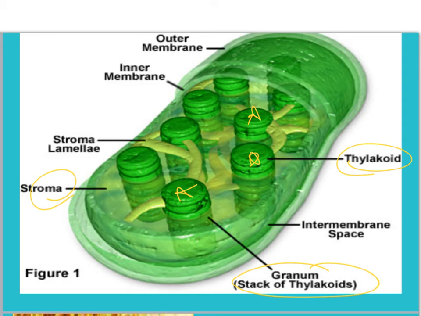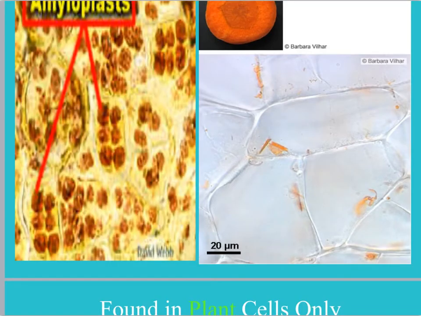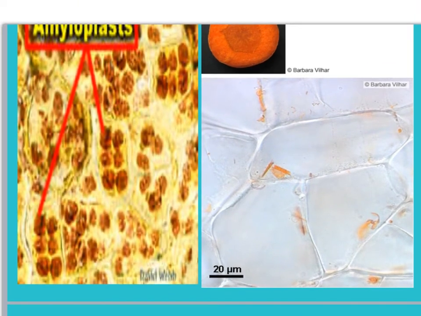So anyway, this would be where photosynthesis happens in plants. So then here you have myeloplast, and then you have your chromoplast. So on the left you have your myeloplast, and on the right you have your chromoplast.